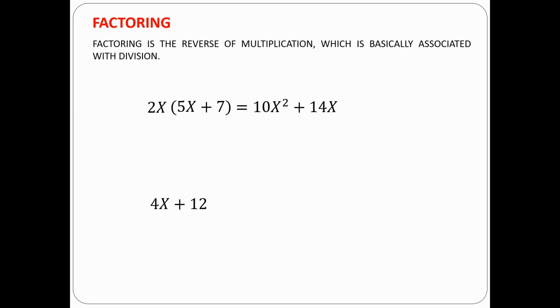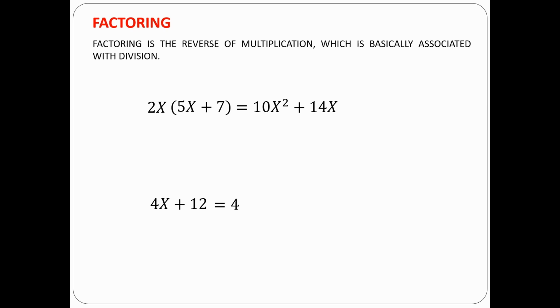You will look for the highest possible number that you can divide into 4 and 12. You can divide it by 2, which gives 2 and 6. But you can also divide it by 4. And so 4 is the greatest common factor of 4 and 12. So 4 is going to be the GCF.